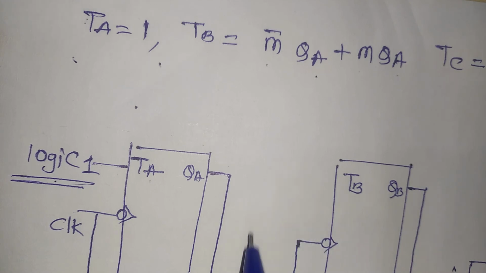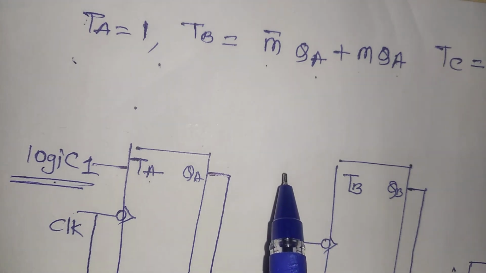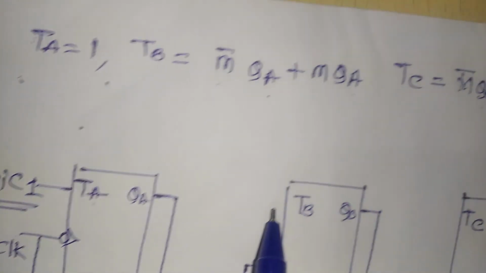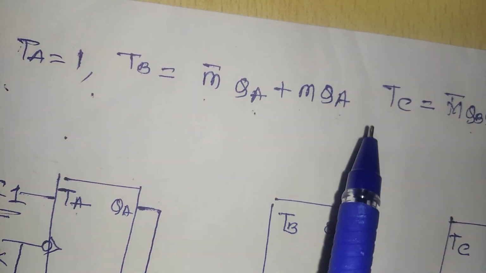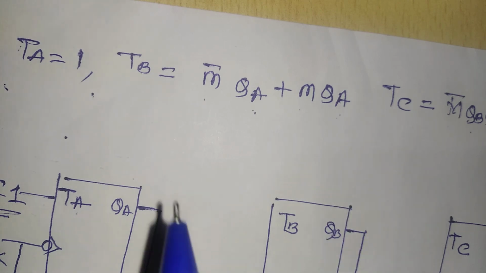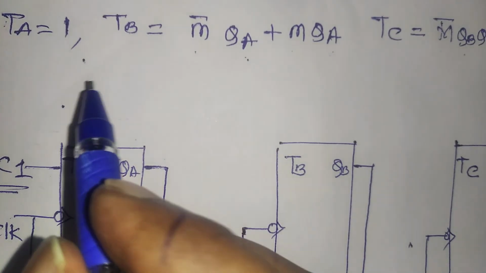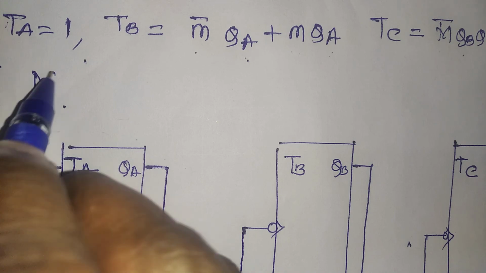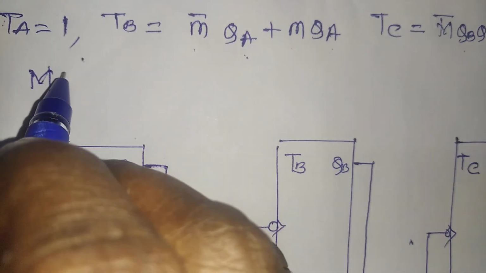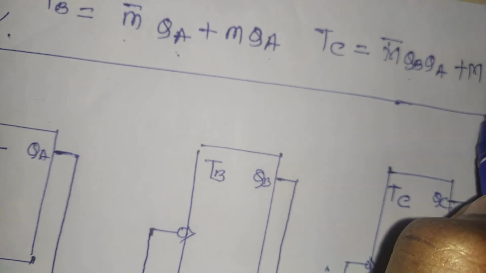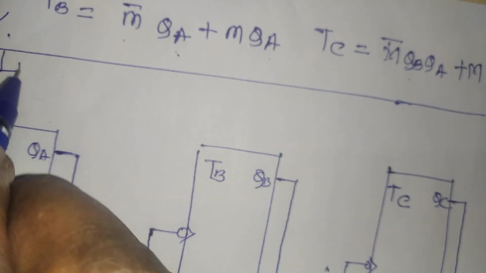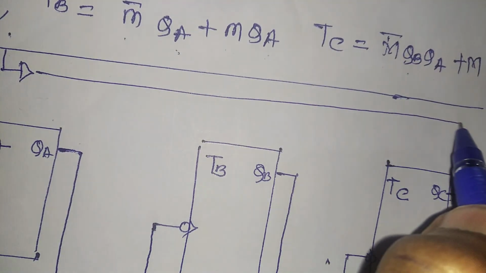I have kept the space for attaching the combinational circuit to TB. For that, first of all you have to consider the M control input, which has two values: one is a direct value M and the second is an inverted value.